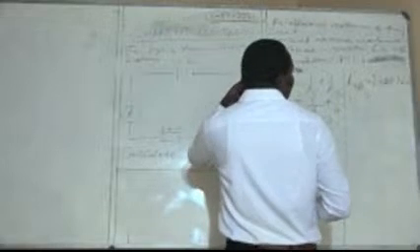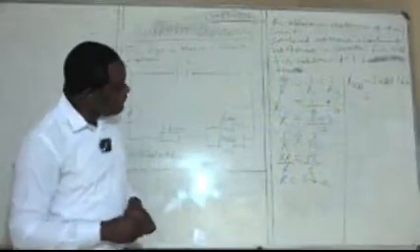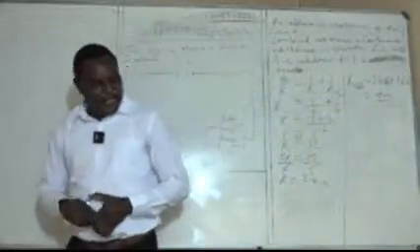So if you try to add 2.4 plus 1.6, you end up getting about 4 ohms. So the 4 ohms that we have here, that is the effective resistance.